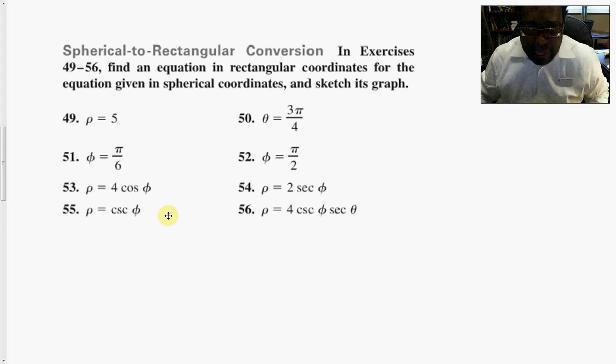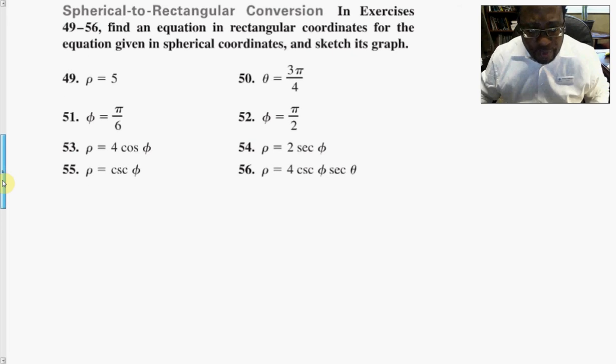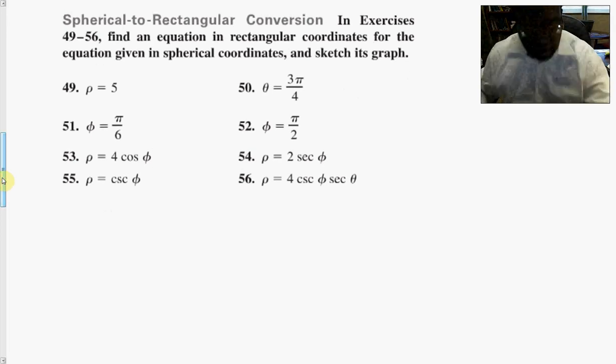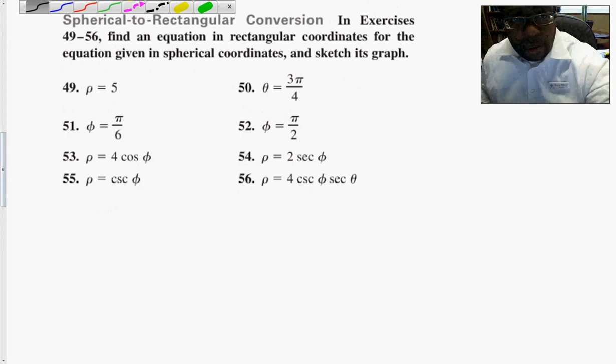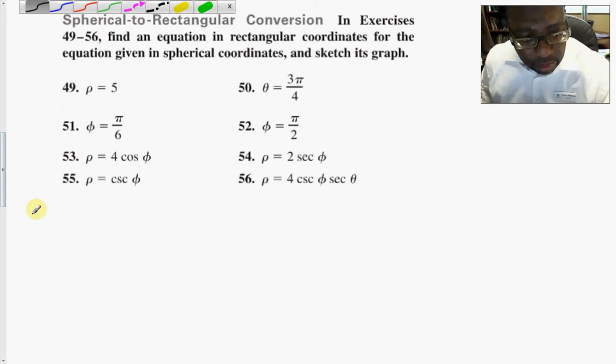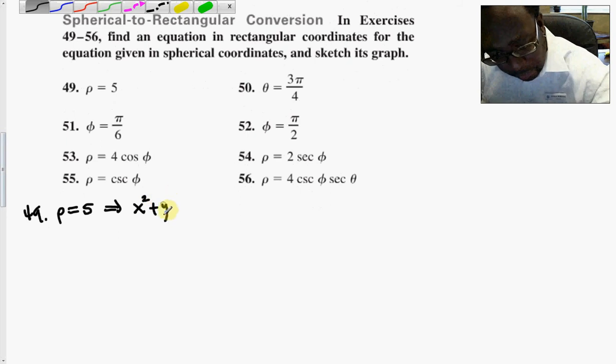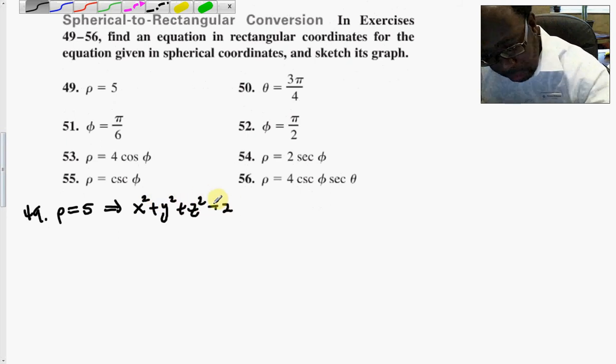Spherical to rectangular equations: we want to convert the equation and then graph. Number 49. So rho equal to 5 implies that we have x squared plus y squared plus z squared is equal to 25.